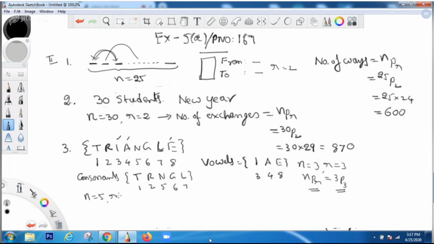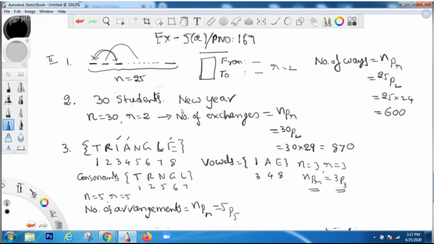Five, and R is equal to five. The number of arrangements is equal to, once again the same formula, nPr, which is 5P5. Understood?